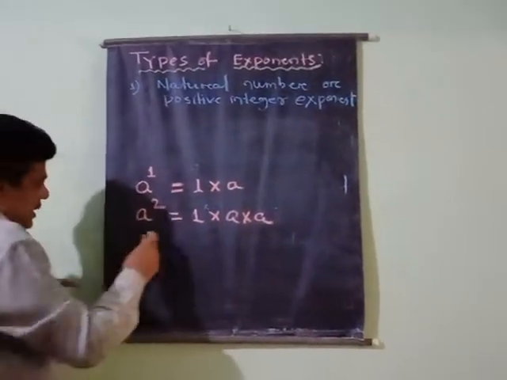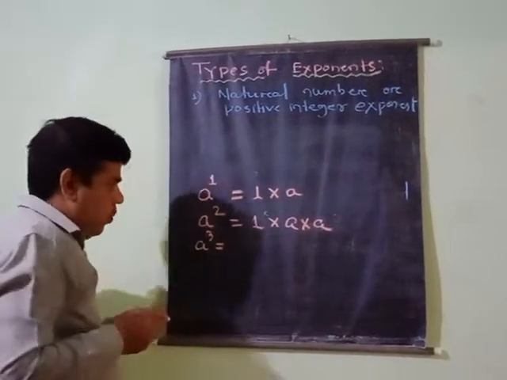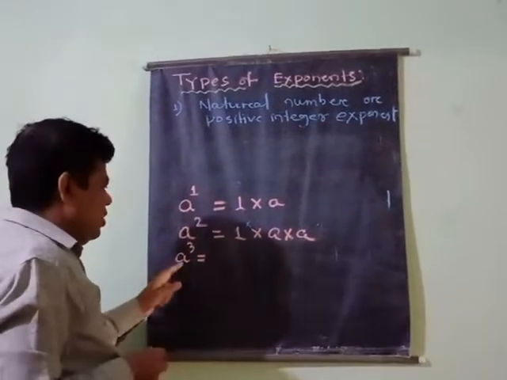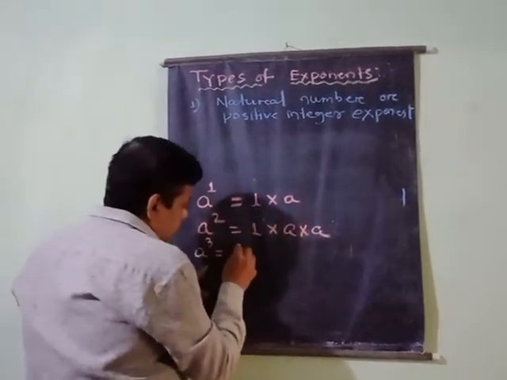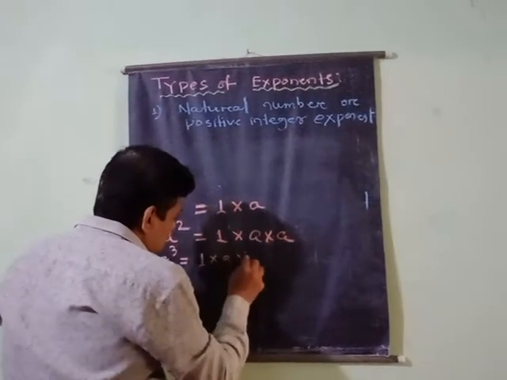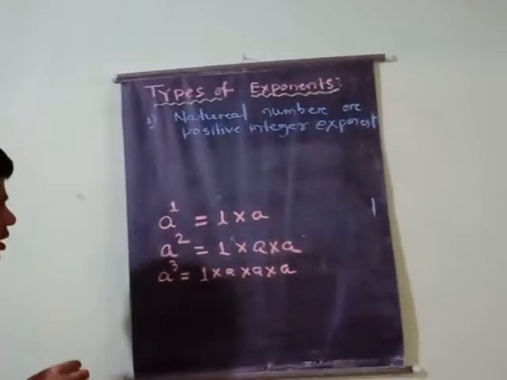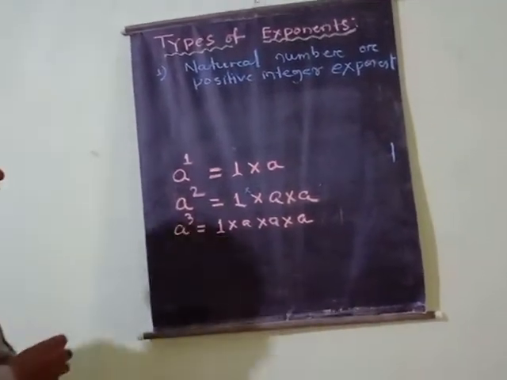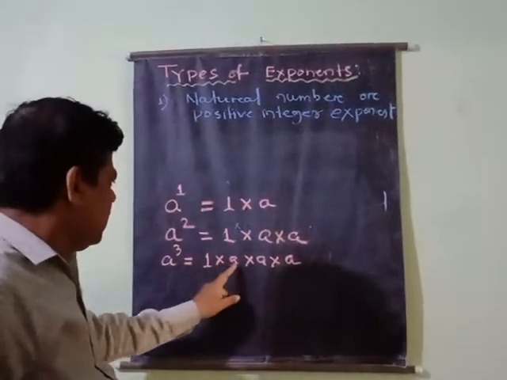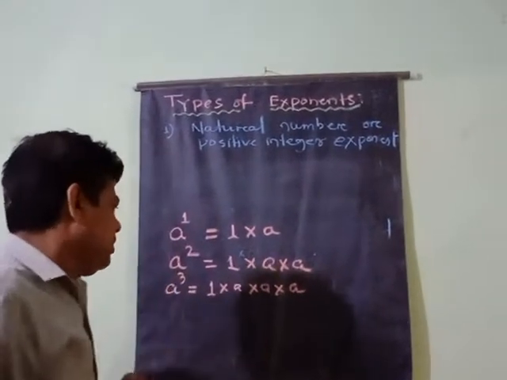Understand? Similarly, a cube is also an exponent, which is obtained by multiplying the base a by 1, how many times? What is the power? 3 times. So a cube is obtained when the base a is multiplied by 1, 3 times.